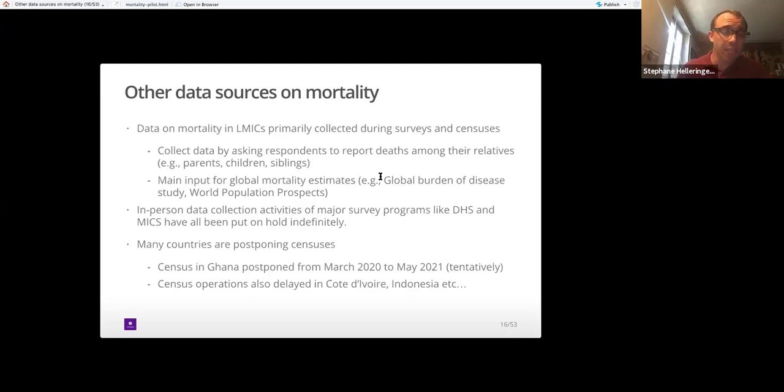That's also the case for many censuses in countries. For example, Ghana postponed its census by almost a year. Census operations are delayed in Côte d'Ivoire and Indonesia. There's a long list, which means basically that at a time when we really need data on mortality, our primary source of data on that event is collapsing, is not available.